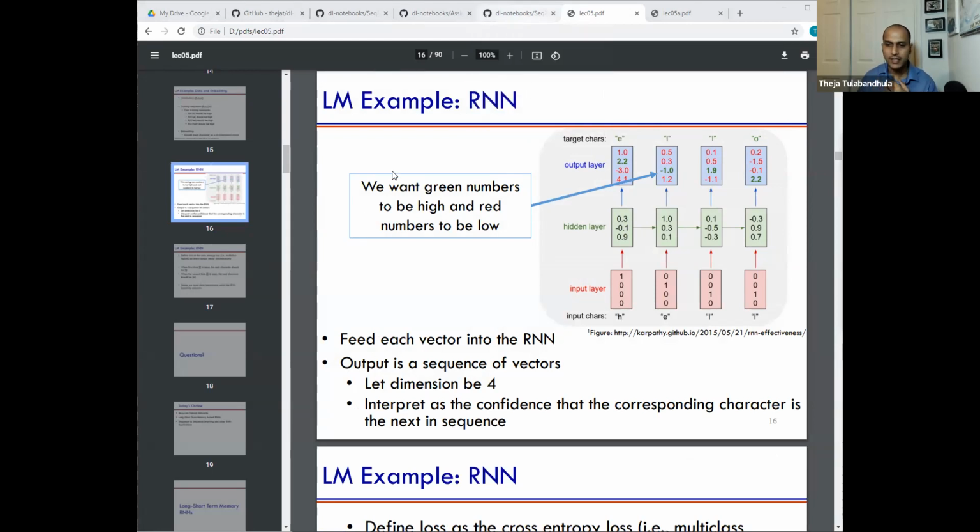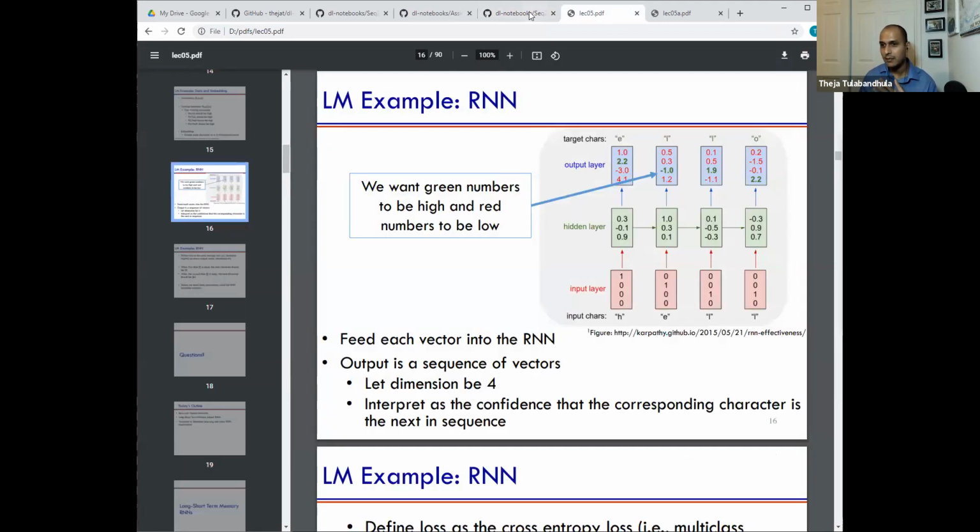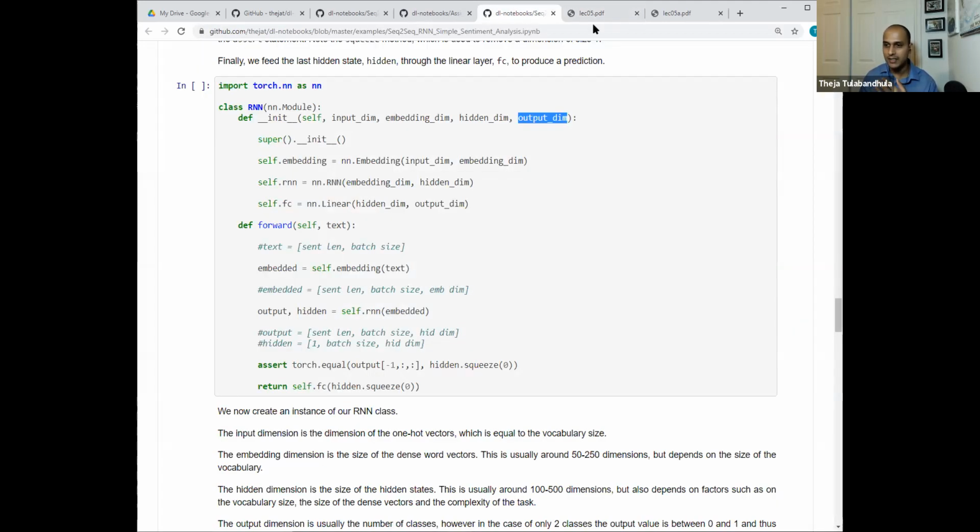Here we get to choose this hidden dimension. Hidden dimension is 3. If you want to follow that example, by the way, this code is not about that example, then output dimension is 4, hidden dimension is 3, embedding dimension is 4, and input dimension is 4. It just happens to be 4 because we only have 4 characters in that example.